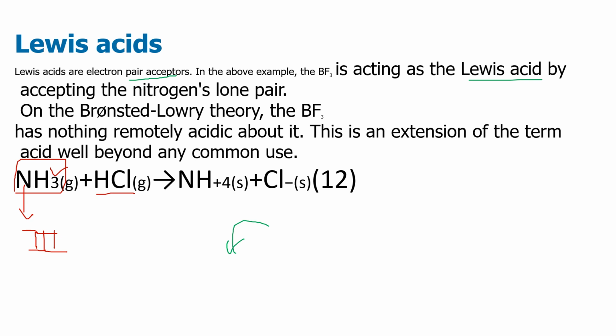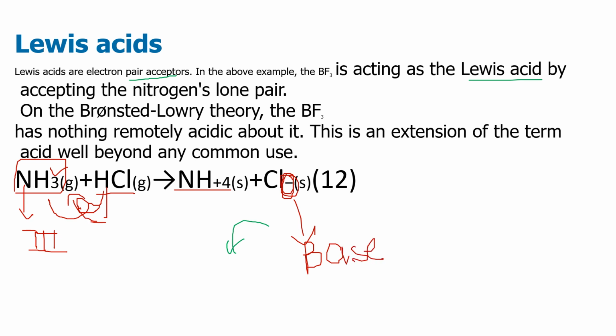Now when we combine it, what will be the answer? This hydrogen will go there and it will make NH4, and when this hydrogen leaves the chlorine, there would be a negative sign on the chlorine. That means it will become a base.